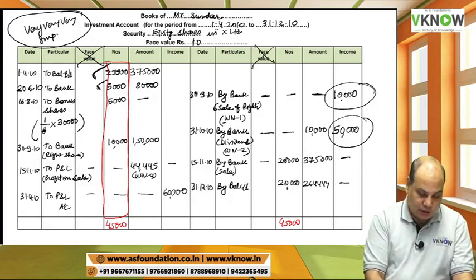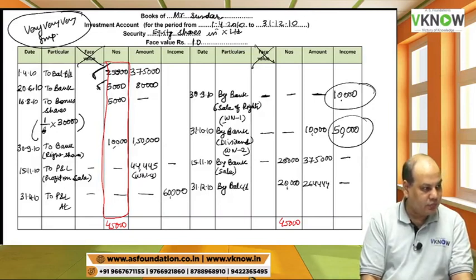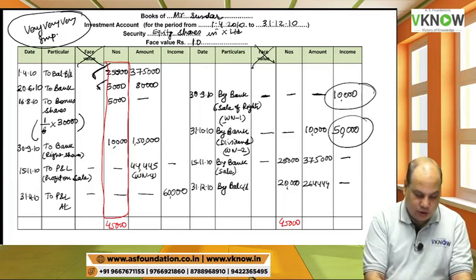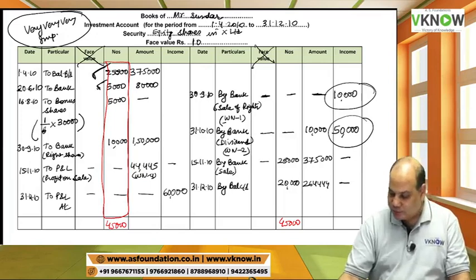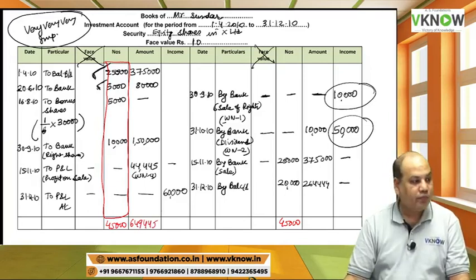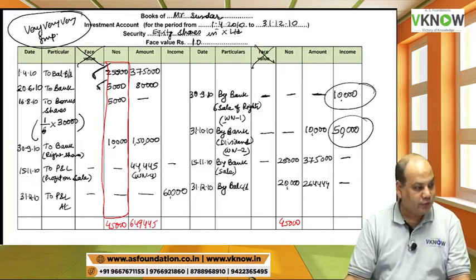Amount column 3,75,000. Please tell me the amount side total, everybody. If you give the correct answer, today you will get early leave. 6,49,445. This is what I am getting.